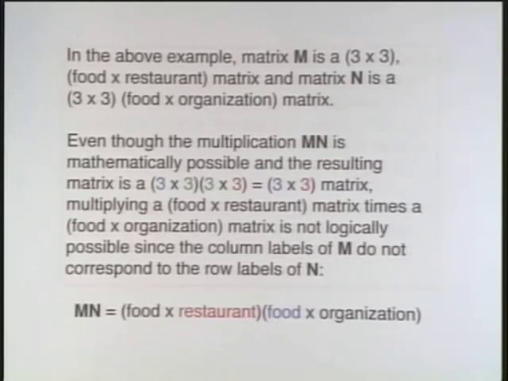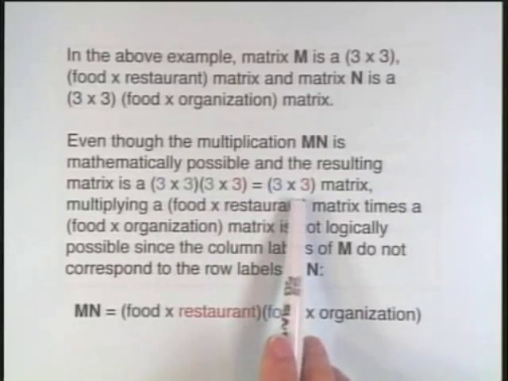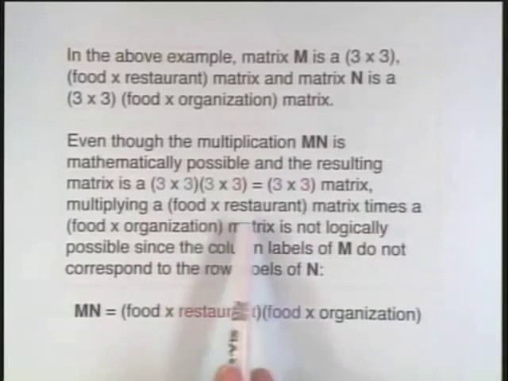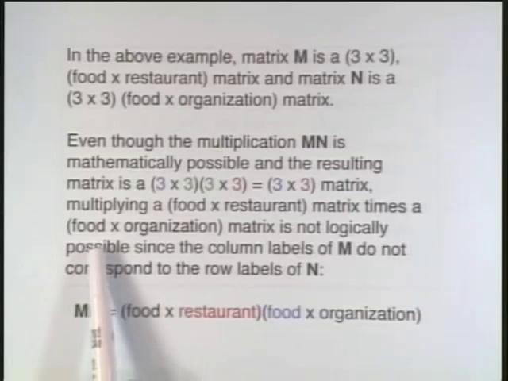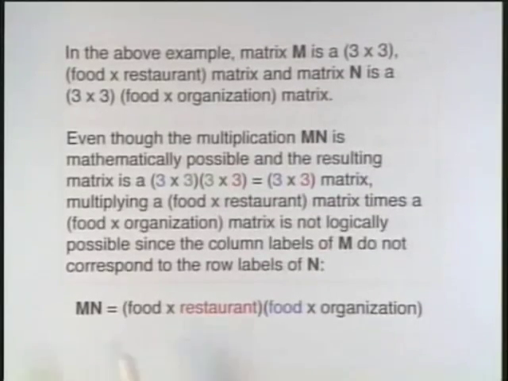Even though the multiplication MN is mathematically possible, and the resulting matrix is a 3 by 3 times a 3 by 3, which gives us a 3 by 3 matrix, multiplying a food by restaurant matrix times a food by organization matrix is not logically possible, since the column labels of M do not correspond to the row labels of N. M times N, food by restaurant times food by organization, is not logically possible.